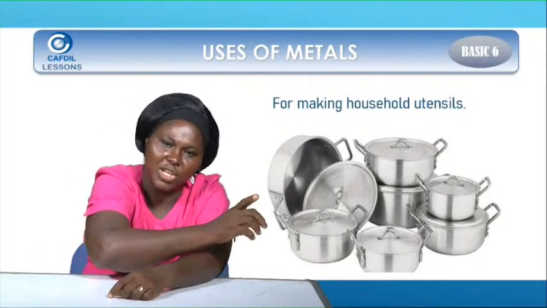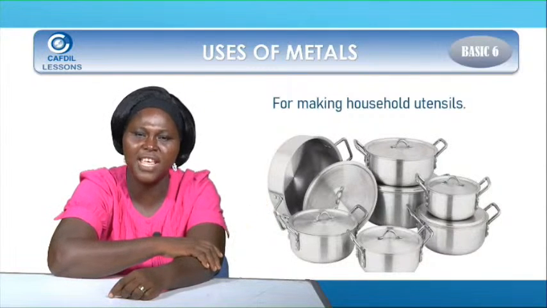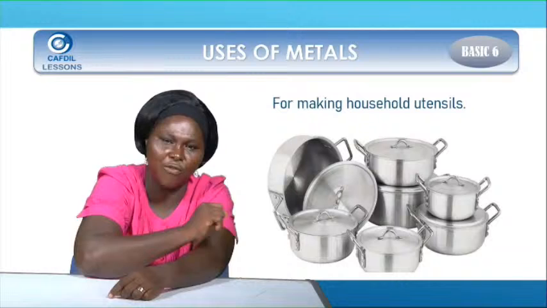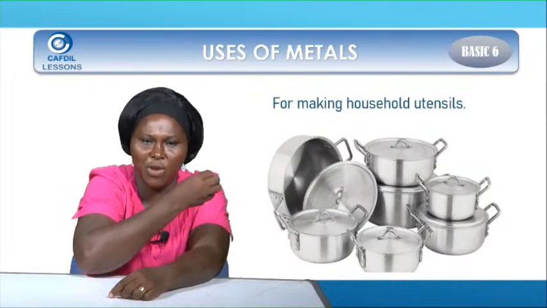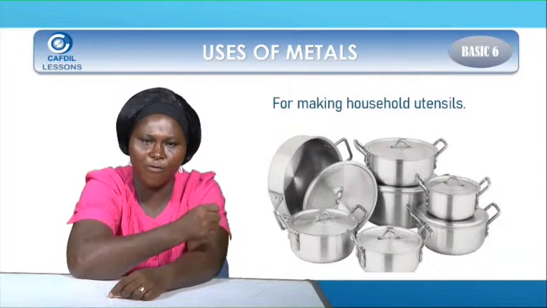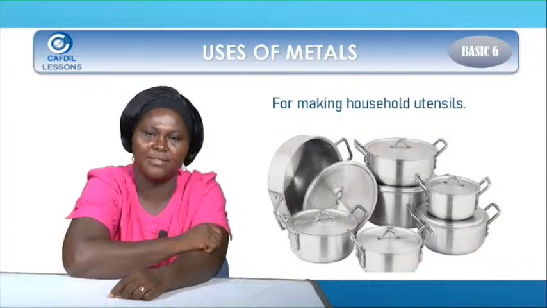And we can use it to cook our food because it can conduct heat. When we put it on fire, the particles will expand and our food will cook for us because of its property.